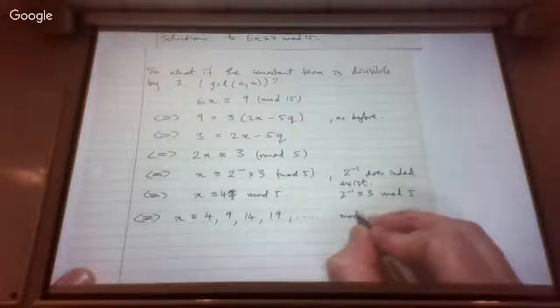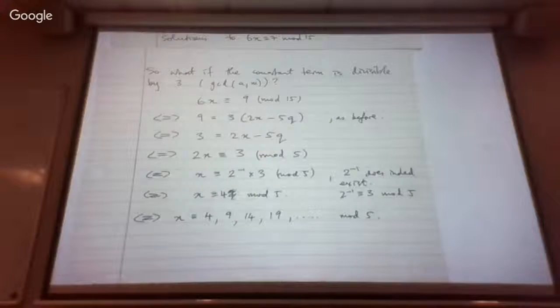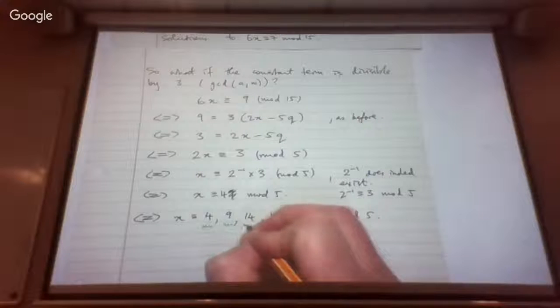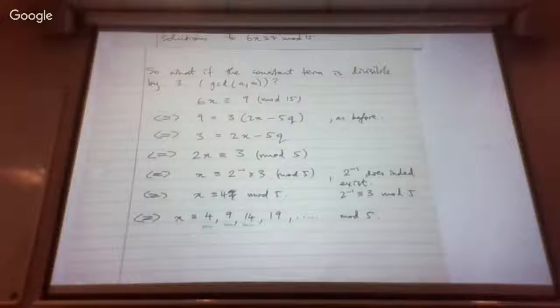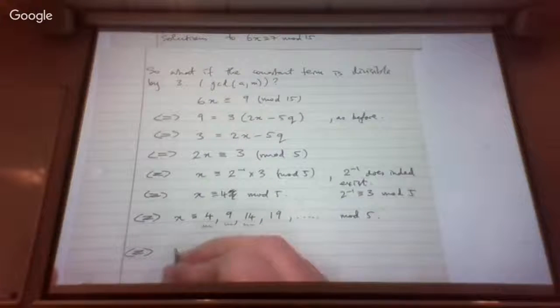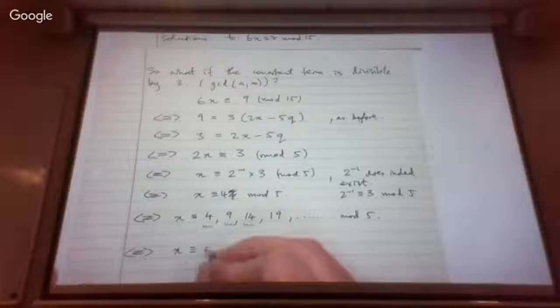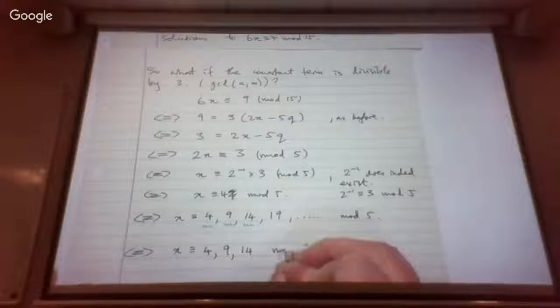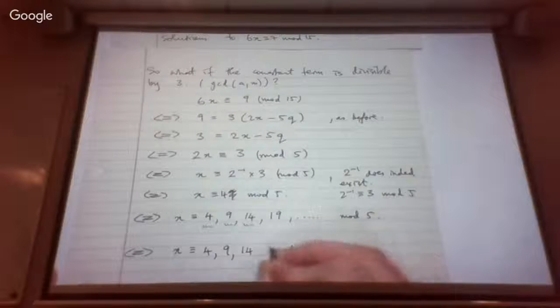These are all things in the same congruence class modulo 5. But what we see here are 3 different congruence classes modulo 15. So that's actually equivalent to saying x is congruent to either 4, 9, or 14 modulo 15.